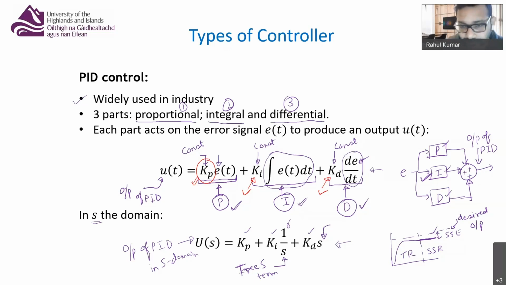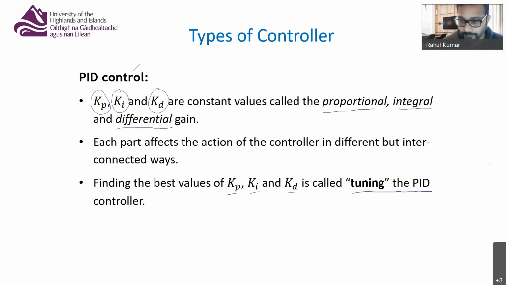But for us who are beginners in control systems and in PID, we have certain techniques or methods, which we are going to discuss today, to tune the PID, right? To adjust or find the suitable values of these constants Kp, Ki, and Kd.